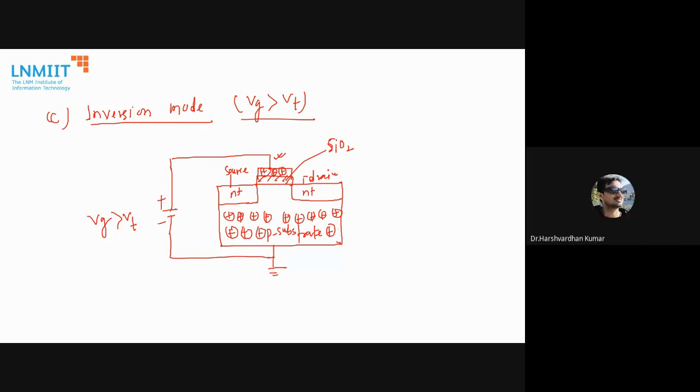In the depletion mode, there was a depletion region here, right? But whenever you increase the gate voltage, it starts attracting negative charge carriers from the P substrate, which start accumulating here because of the higher gate voltage.